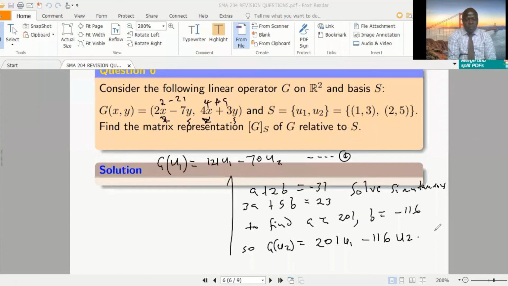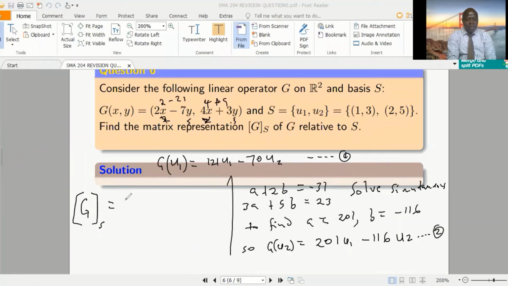Now, we are required to find the matrix representation of G relative to basis S, and that is the transpose of these coefficients.